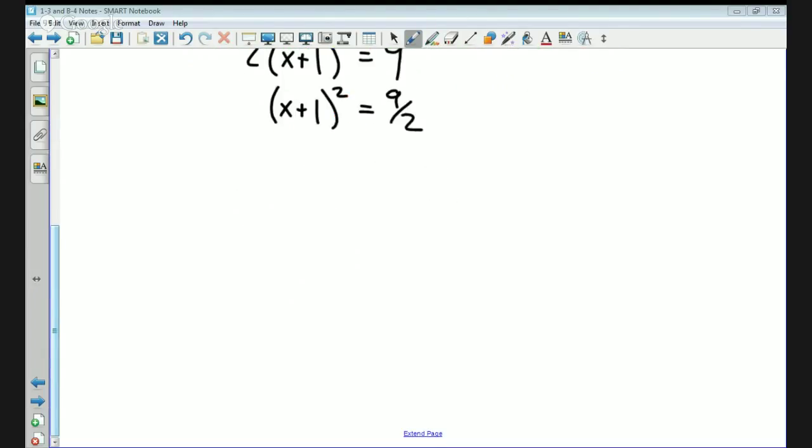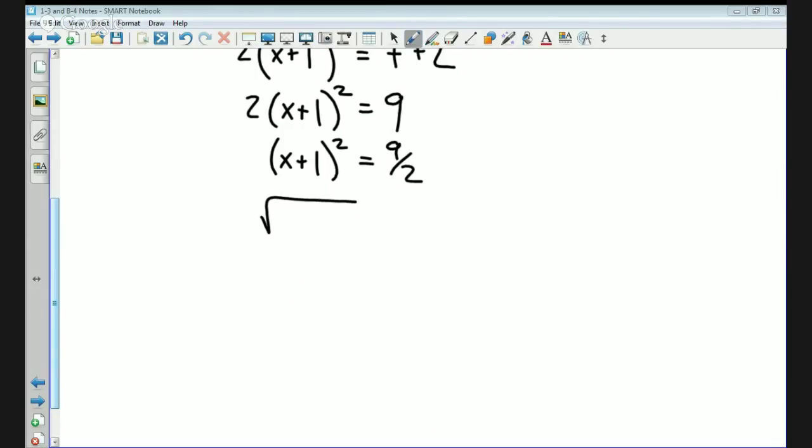And now I can go ahead and take the square root of each side, remembering the plus or minus. I will get x plus 1, after my square and square root cancel, equals plus or minus. Remember, we can do numerator and denominator separately. So the square root of 9 is 3 in the numerator.